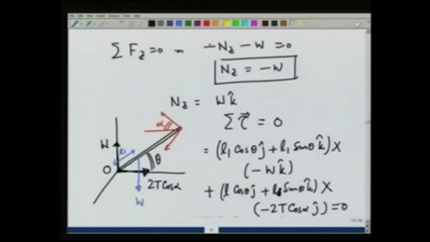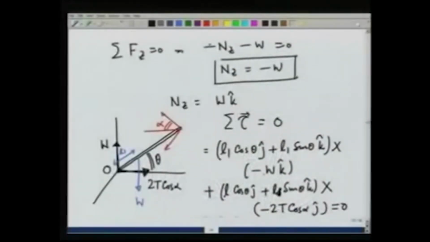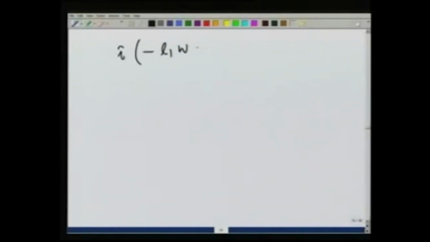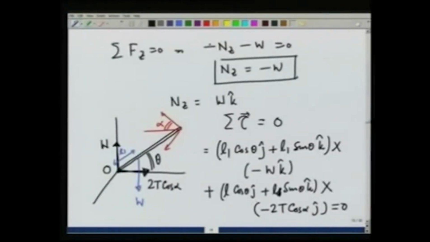This condition would determine the tension T. So, let us work this out. The first term is going to give me j cross k, which is i, L1 cosine theta times W. So, first term gives me i minus L1 W cosine theta. The second term, k cross j is minus i.